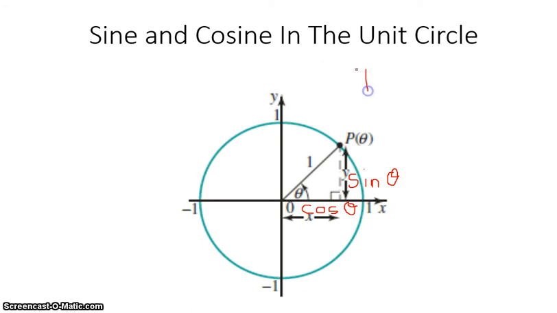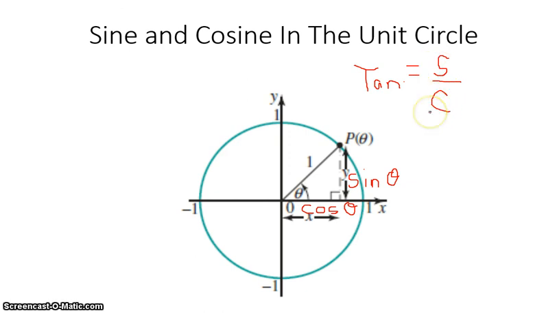What it says is that tan of any angle will be equal to sine of the angle divided by cos of the angle. So tan of any angle will equal sine of that angle divided by cosine of that angle.